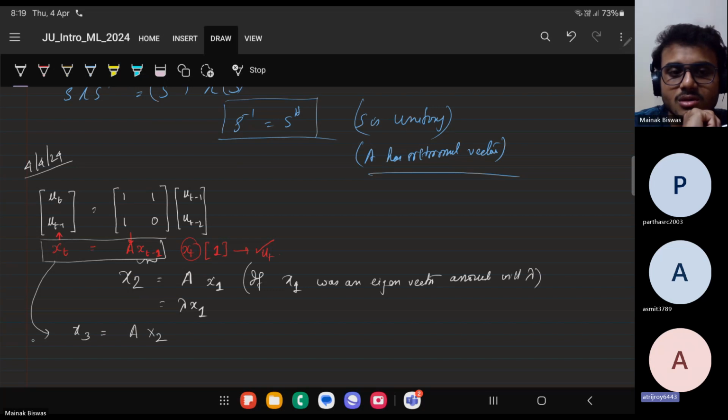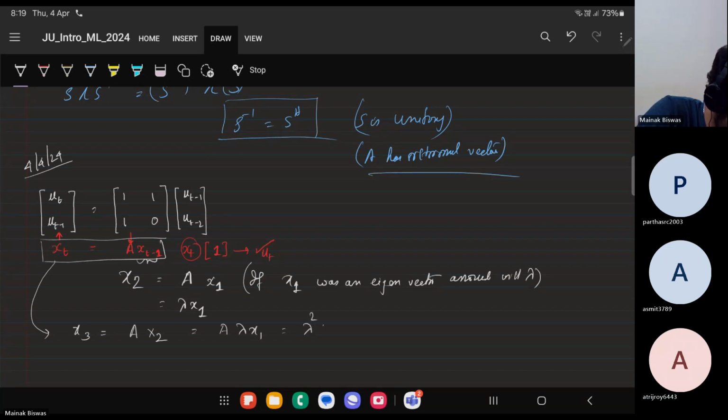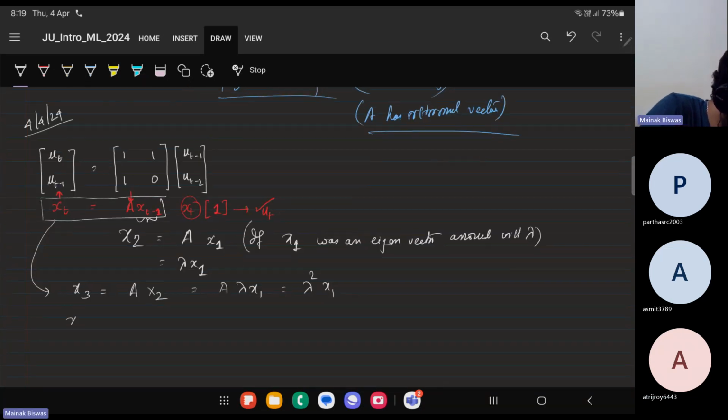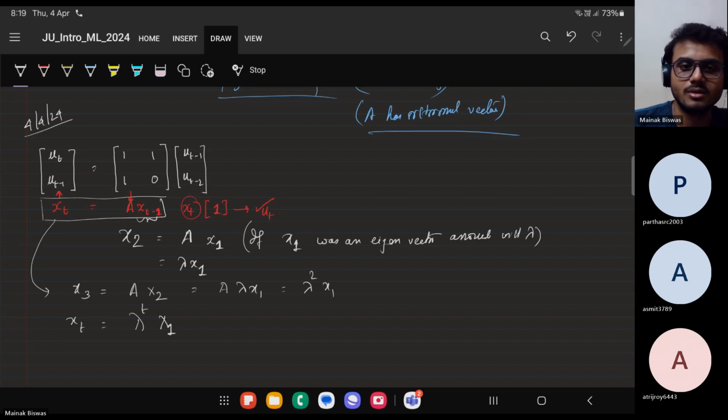Then lambda x1, so lambda square x1. Very good. Now see, xt would have become lambda to the power t x1. Yes or no? So now I would not have to do anything, just lambda to the power t and x1, I would easily find out the solution.